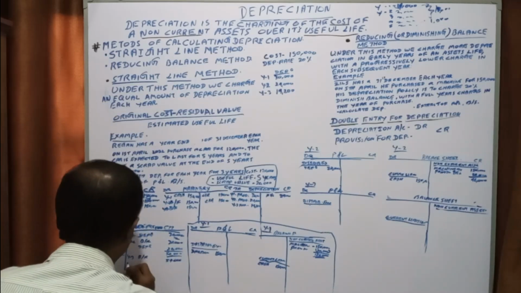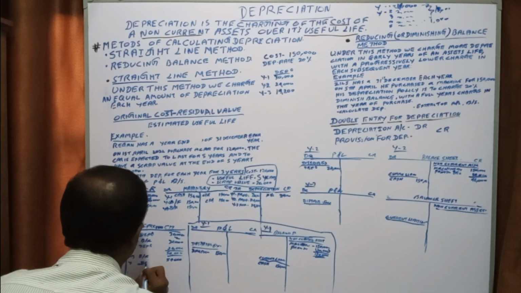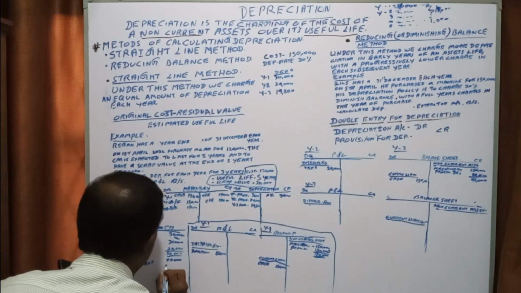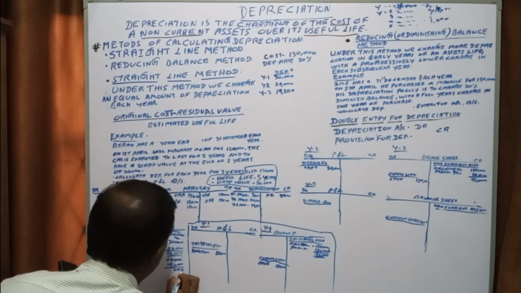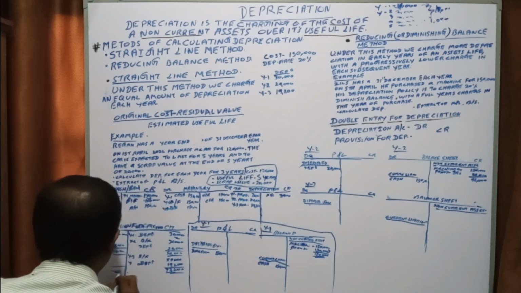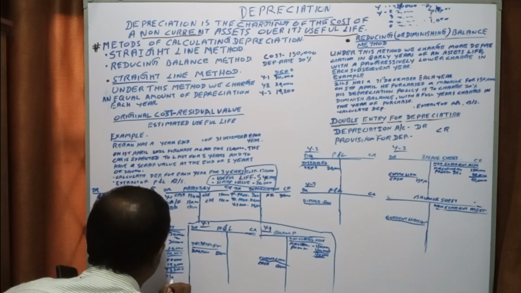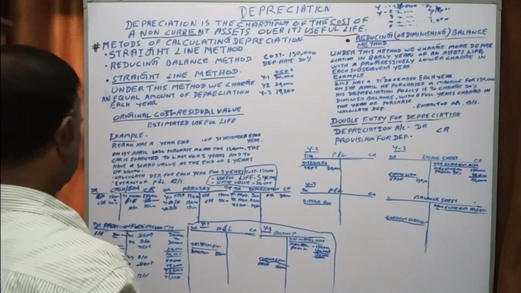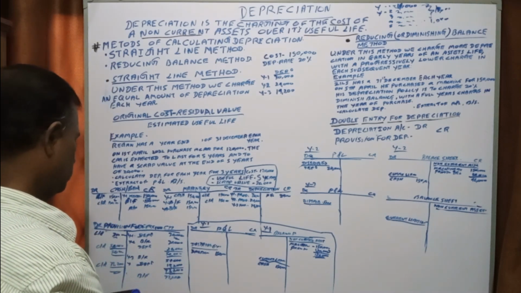Here year 3, depreciation 19,200. The total provision is 73,200. Carried down 73,200, brought forward 73,200. Okay, 73,200.